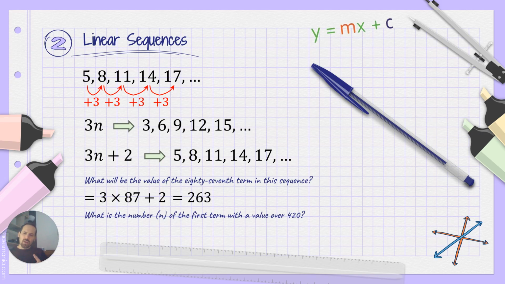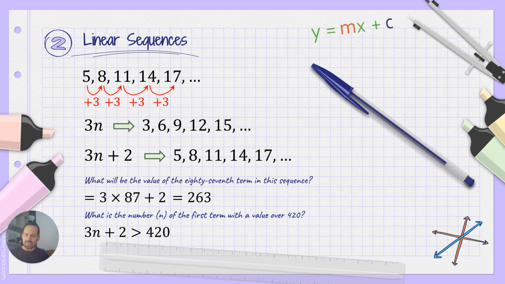We could also do things in reverse. So what is the term number n for the first term that has a value over 420? So we're looking for values that are going to be greater than 420, which is basically an inequality.